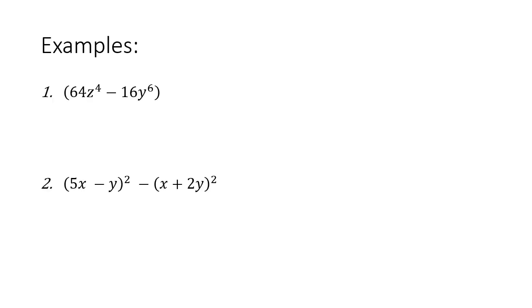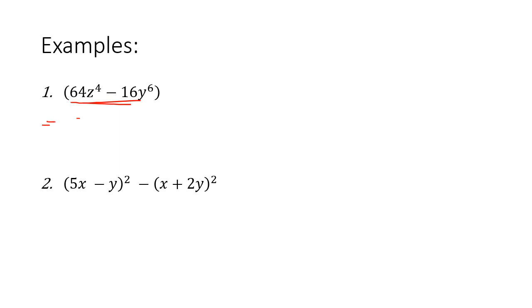Right, so we have quantity 64z to the fourth minus 16y raised to 6 quantity as our first example. So here, if you check the terms, these terms fit the difference of two squares.